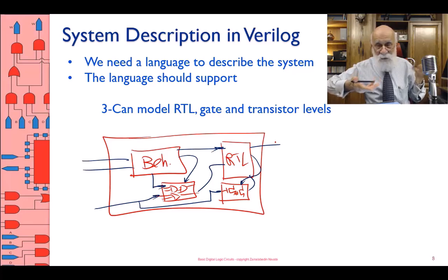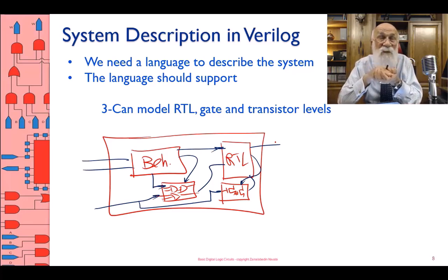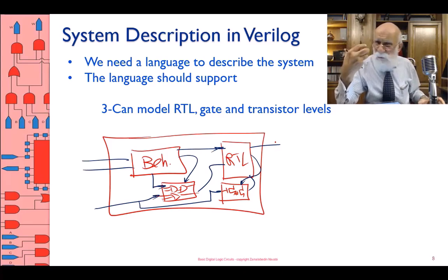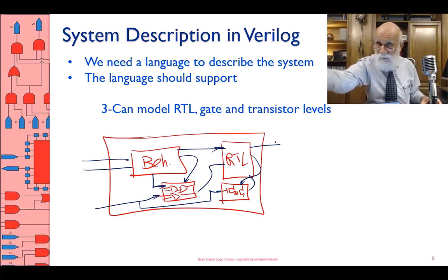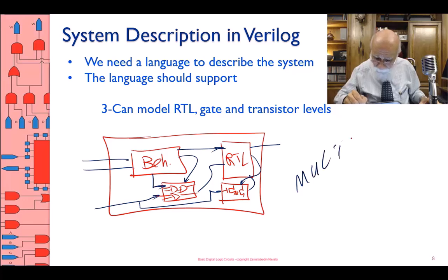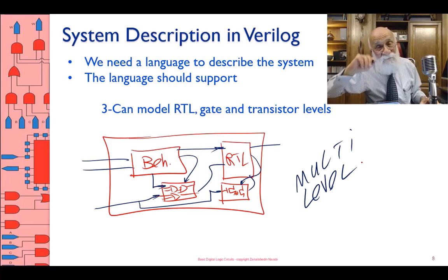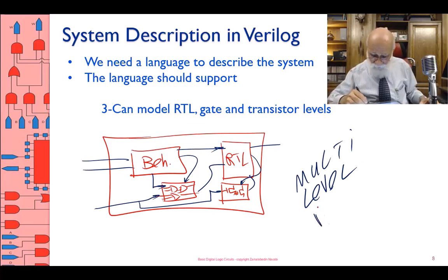In some of the descriptions, it looks like a very C-like description. On the other hand, some of the descriptions are very transistor-level. Verilog allows you to describe this multi-level, level meaning levels of abstraction.